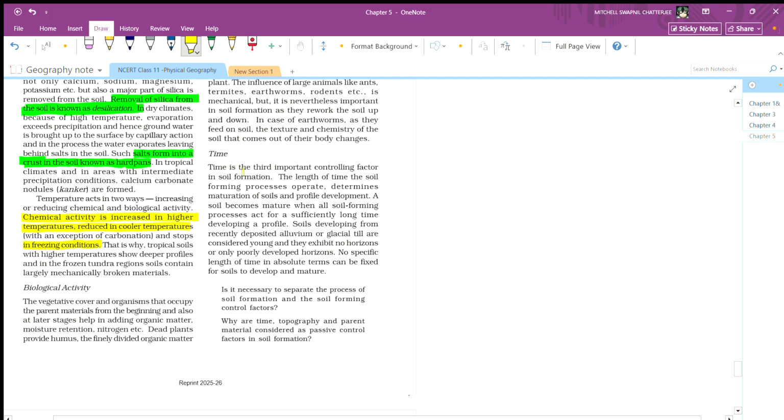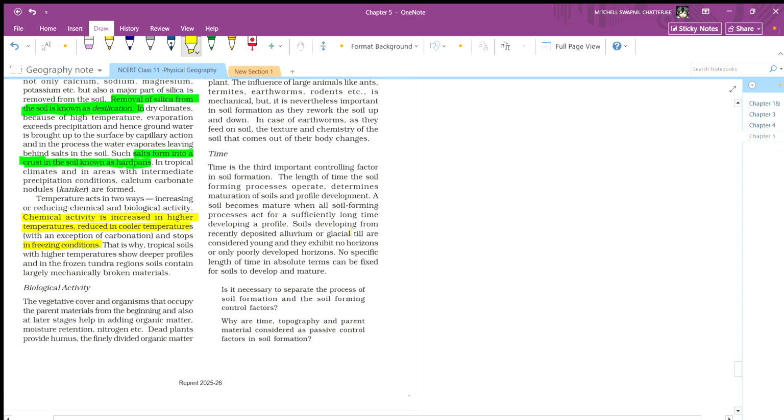Time is the third important controlling factor in soil formation. The length of time the soil formation process operates determines the maturation of the soil and profile development. A soil becomes mature when all the soil forming processes act for a sufficiently long time, developing a profile.